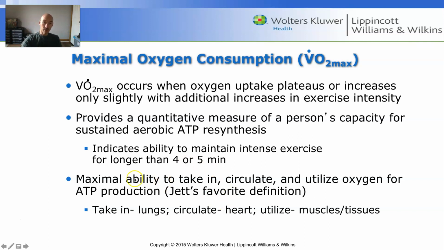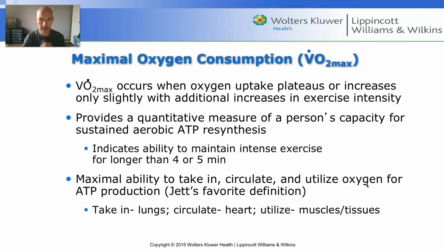Then we have circulate. We have to bring the oxygen in with the lungs. We then have to circulate that oxygen with what system? Cardiovascular, right? So the heart pumping, the blood vessels delivering, all of that reflects the capacity of the cardiovascular system. And then the utilization of oxygen, that occurs where? Where does the actual energy production occur during exercise? In the muscles, right? No, not these muscles.